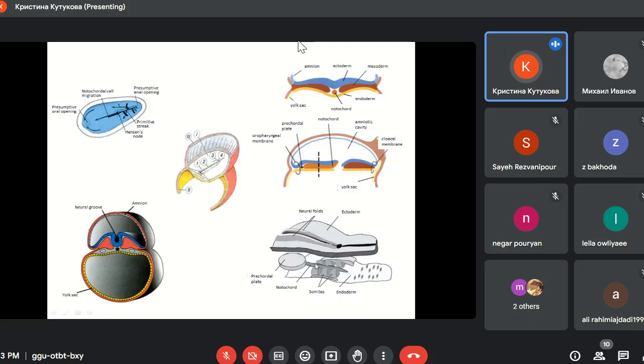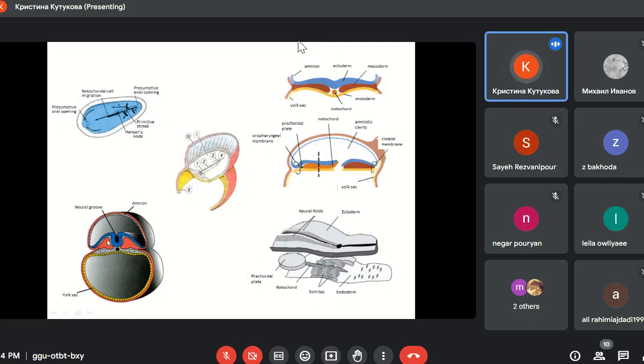They develop from rostral part to caudal part, from the frontal to end part of embryo, and they develop into 35 segments, pairs of somites. These are somite stalks, and lateral plate mesoderm, which should be here, is not included in this picture.